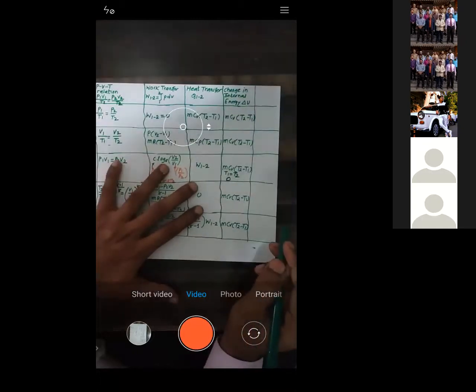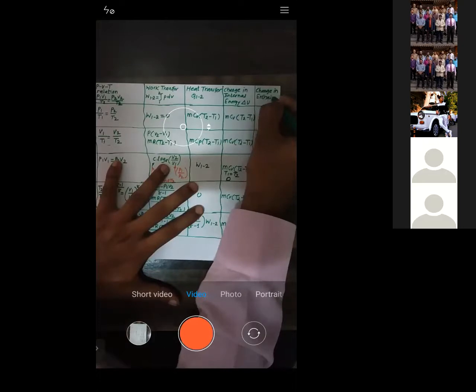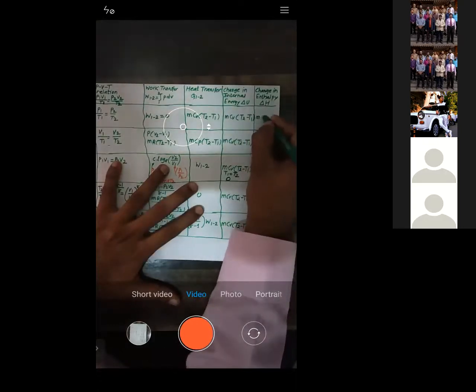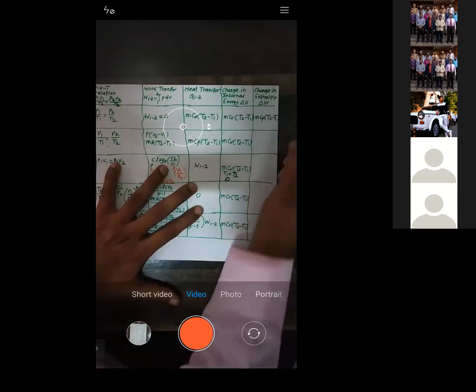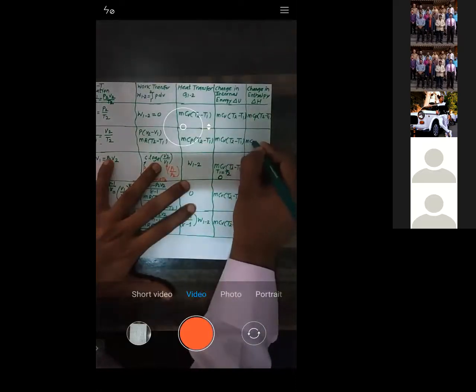Now let us calculate the change in enthalpy, which is indicated by delta H. How will you calculate change in enthalpy? It is m Cp (T2 minus T1). The same formula will remain for all the processes.